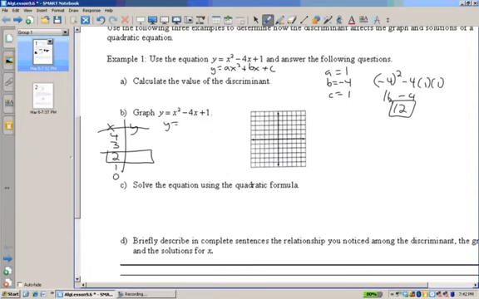So y equals something squared minus 4 times something plus 1. Darken that so I can see it when I'm coming back. All right, let's go ahead and plug in 2. So 2 squared is 4 minus 8 plus 1. That's going to be negative 4 plus 1 is negative 3.